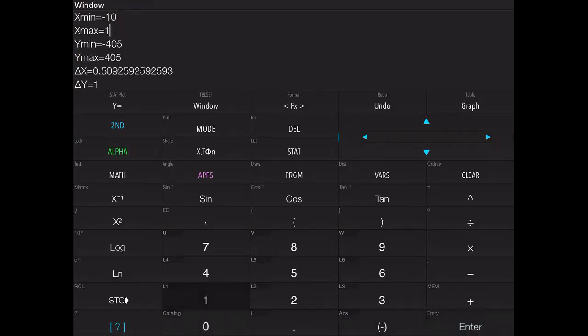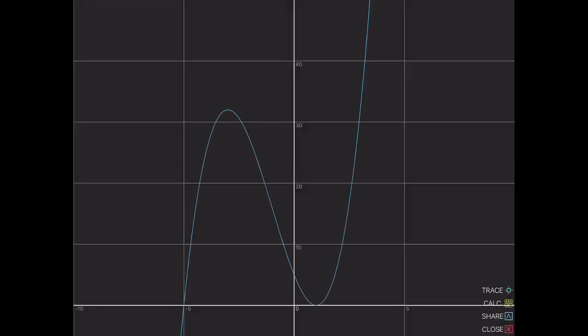That should be fine. And for the y values, our minimum, what was our minimum? I'll do -5. And the max, I'll do 50 actually, just to give me more room for viewing. And then graph. So here we have our function.